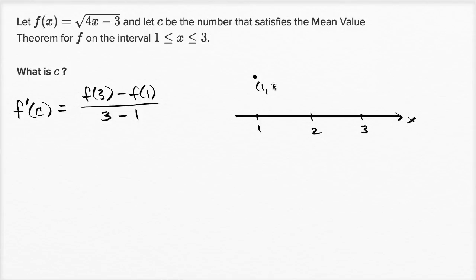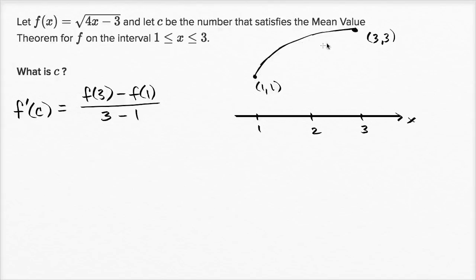So that's going to be at the point 1 comma 1. And then you have the point 3 comma, let's see, 4 times 3 is 12, minus 3 is 9. So it's going to be 3 comma 3. So maybe it's right over there. 3 comma 3, and the curve might look something like this. So it might look something like that.